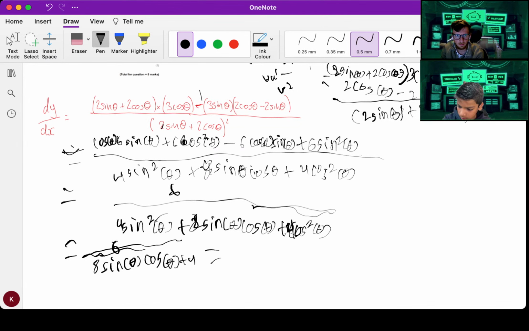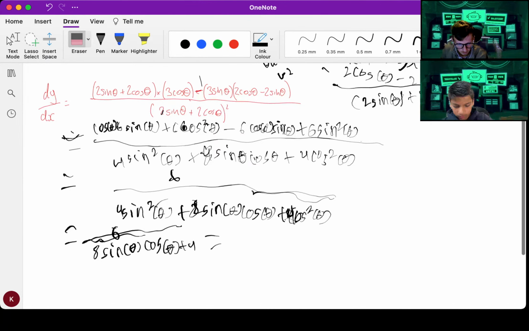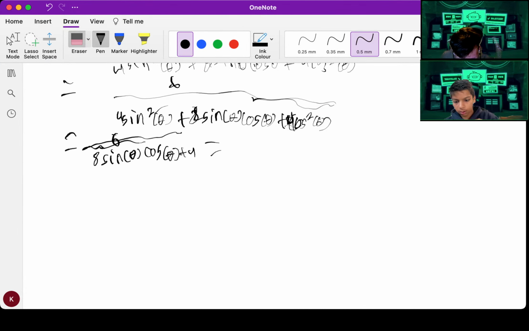So then that is the same as, so 2 sine theta cos theta is sine of 2 theta, so 6 over 4 sine 2 theta plus 4.